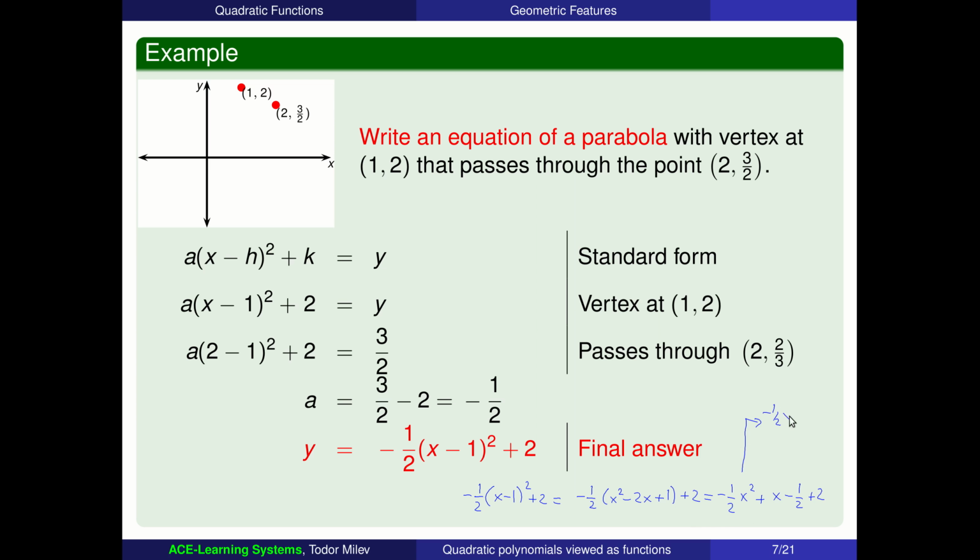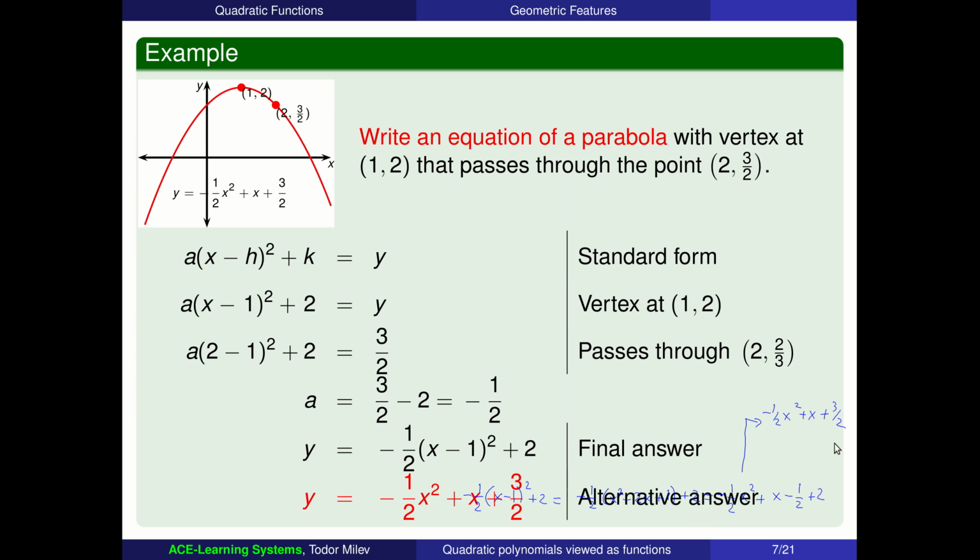Negative 1/2 x squared plus x, 2 minus 1/2 is plus 3/2. Okay, and that's my final equation: negative 1/2 x squared plus x plus 3/2. And as you can see, this parabola has a negative leading coefficient. So as promised, it's a parabola that opens downward.